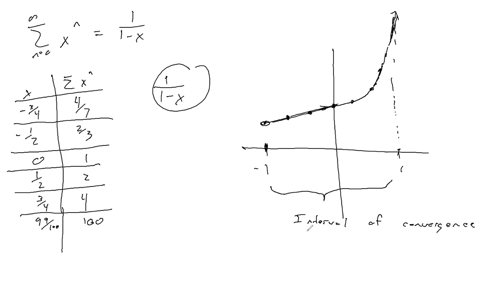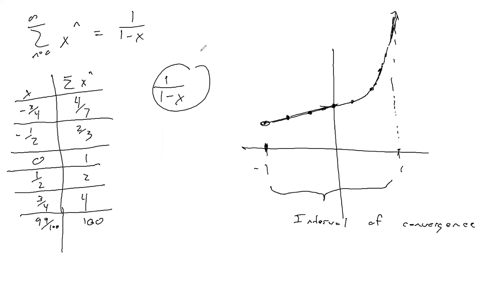So on this interval of convergence, my power series is going to be equal to some function. And in this case, this power series is equal to the function 1 over 1 minus x. Now, this function might exist outside the interval of convergence, but my power series is only equal to it inside the interval of convergence, okay?